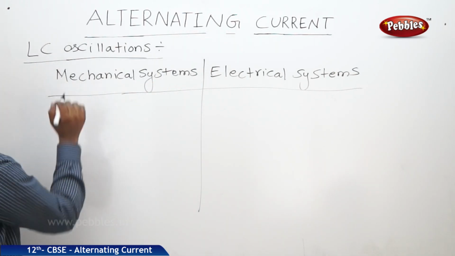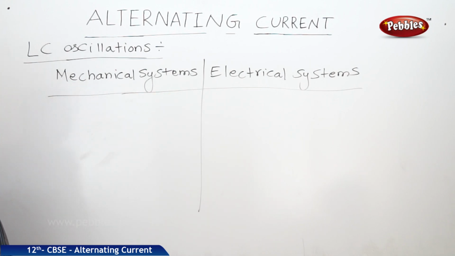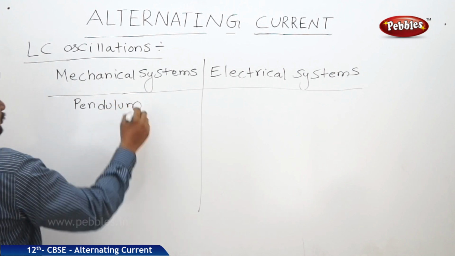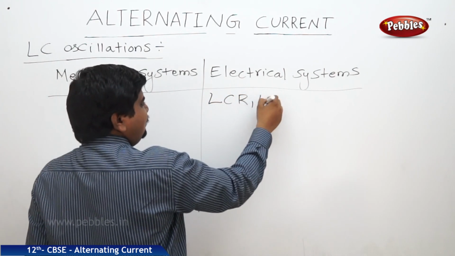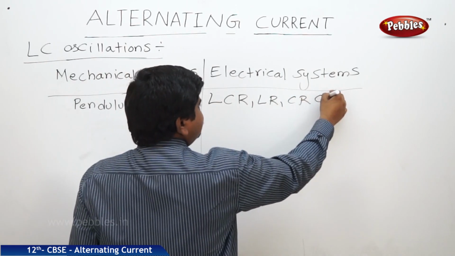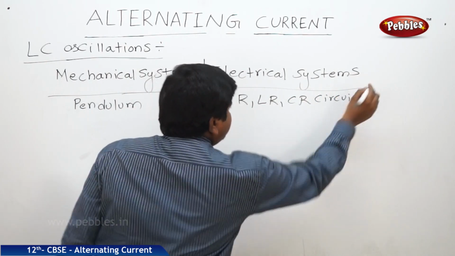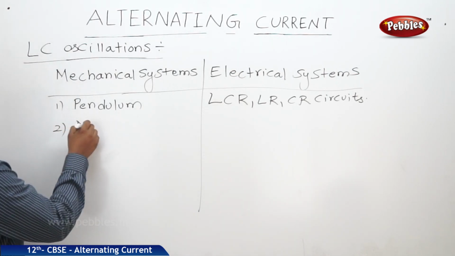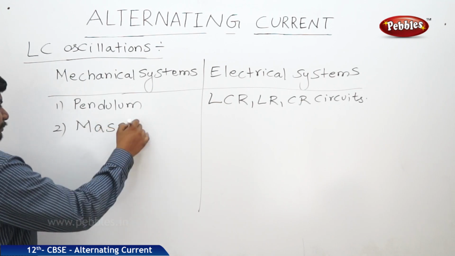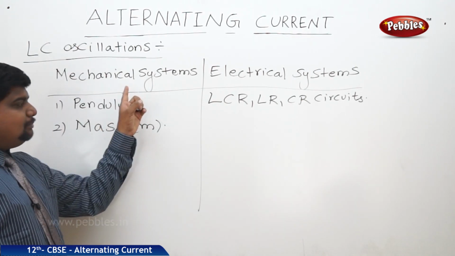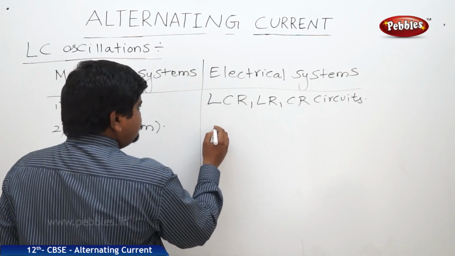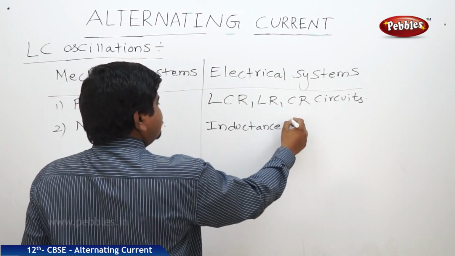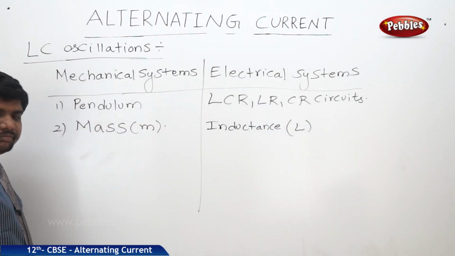The pendulums are under the mechanical systems; LCR and the circuits are under the electrical systems. The first point is over. What about the second point? Mechanical systems have mass M. The mass of the mechanical system is similar to the inductance L of the electrical system. So the second point is also over.